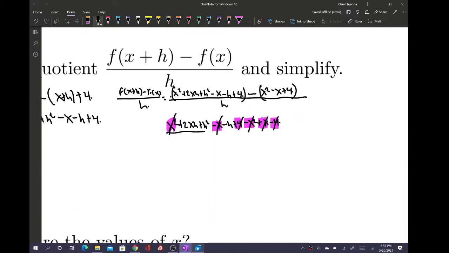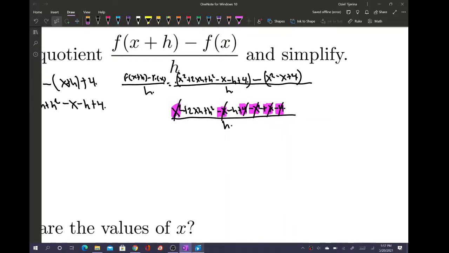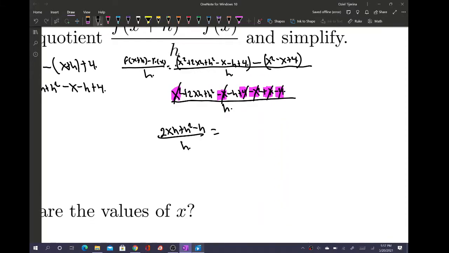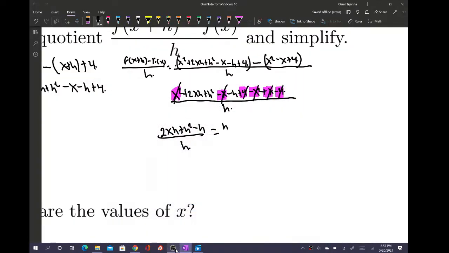So now you have (2xh + h² - h) all over h. Then from there, you're going to factor the h out. So you're going to say h times (2x + h - 1) all over h.